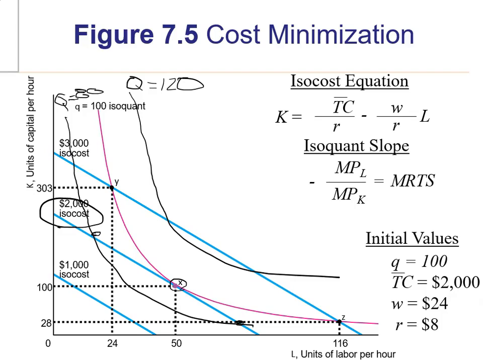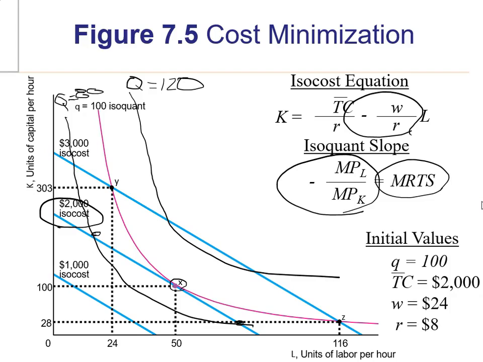So to recap then, the optimal bundle is this tangency here at point X. The tangency is between your iso-cost, the blue line, and the slope of the blue line is right here, negative W over R. And that slope is just equal to the slope of the isoquant. Well, the slope of the isoquant, there's a term for that, and that's called MRTS. There's a separate video on MRTS. Well, the MRTS slope is also this ratio of marginal products, MPL over MPK.